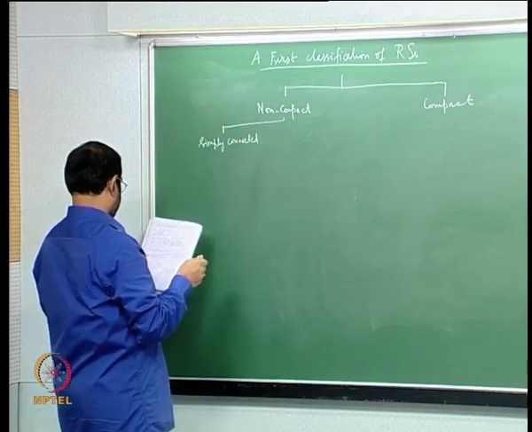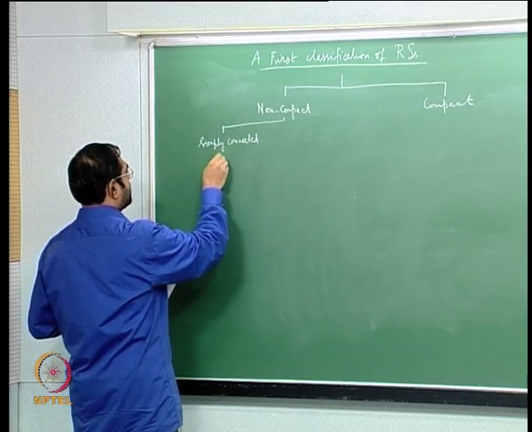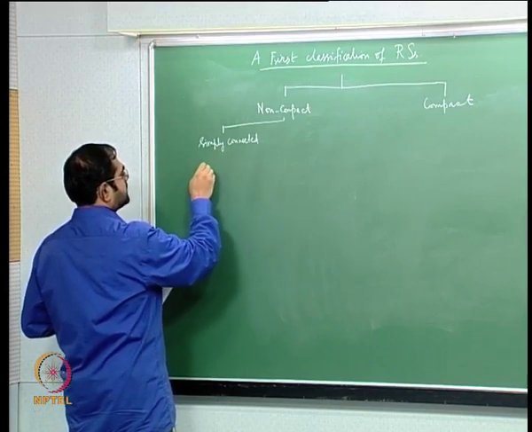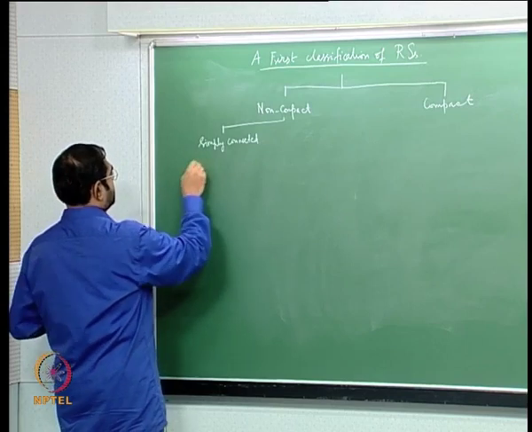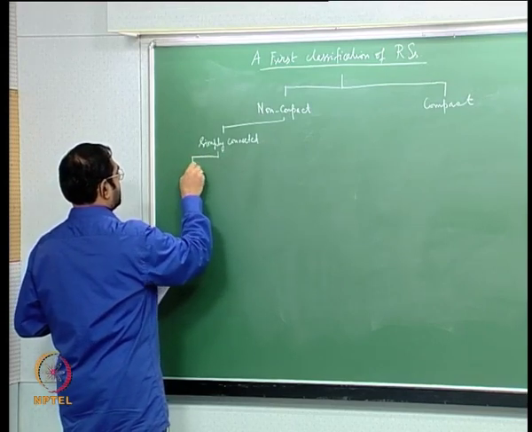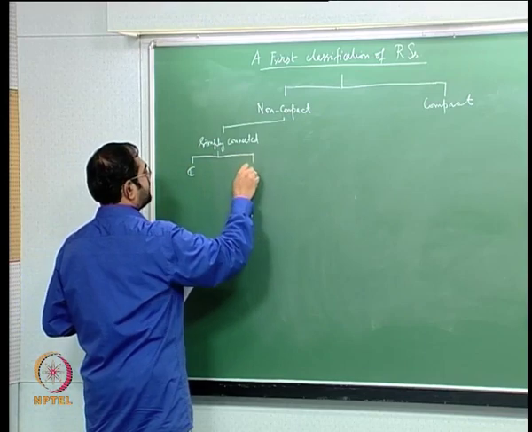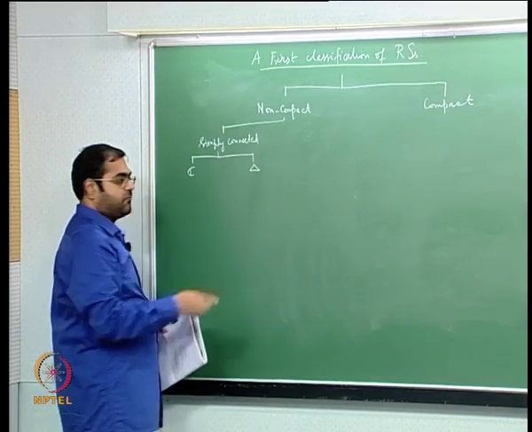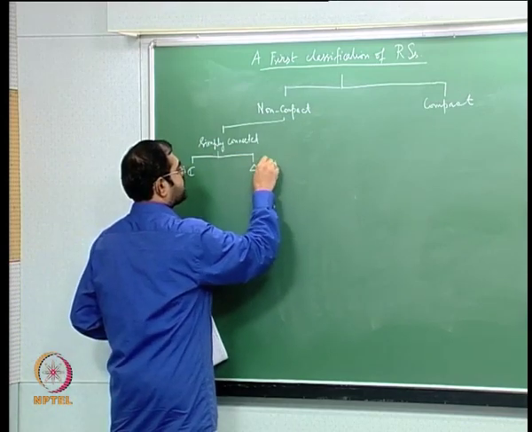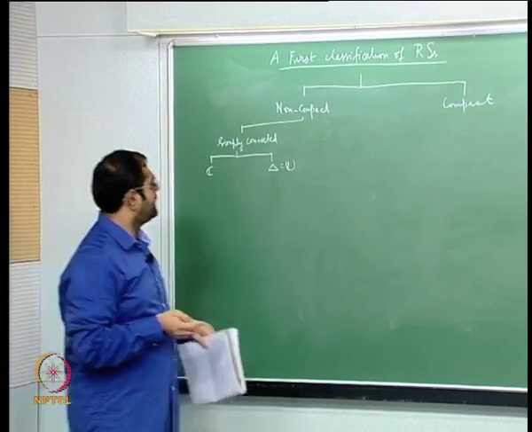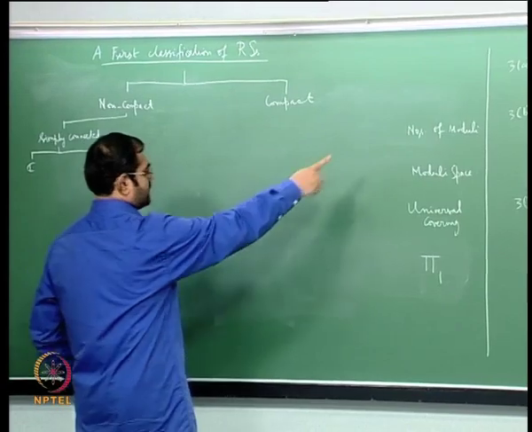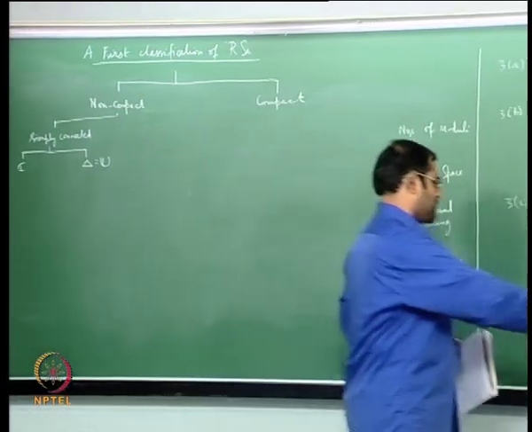if it is non-compact, you are going to get either the complex plane, or you will get the unit disk, which is the same as the upper half plane. Maybe I have to rewrite that so that it looks better.